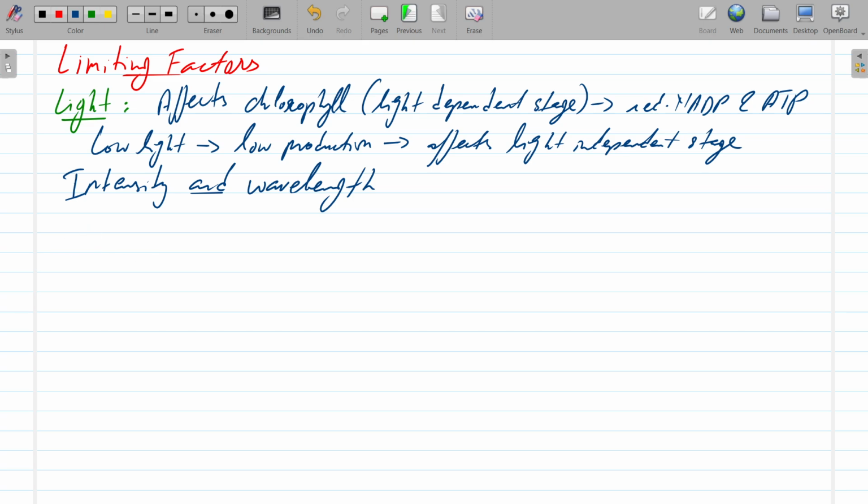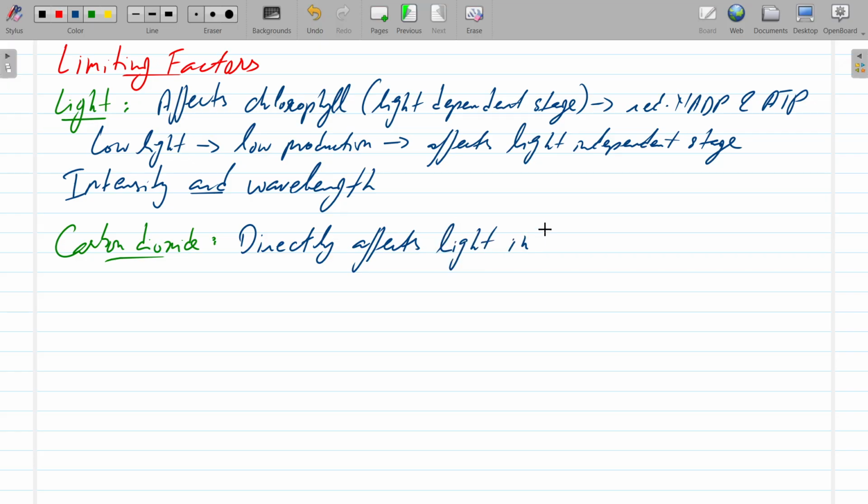The next limiting factor is carbon dioxide. Right, and this is something that directly affects the light independent stage. Right, the concentration of CO2. Right, now the atmospheric concentration of CO2 is about 0.4.